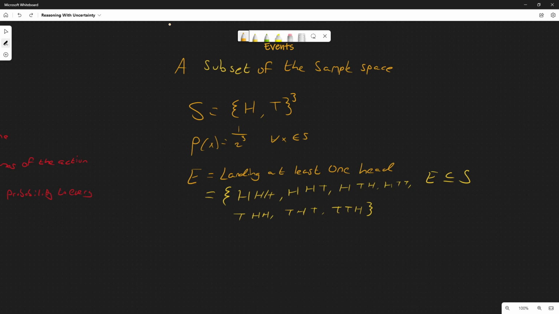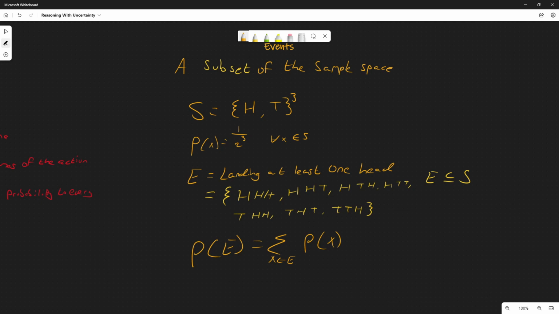And the probability of the event E is simply going to be the sum through all x's which are elements of E of those probabilities. The probability of E occurring is simply the sum of all probabilities within E. I think that's fairly intuitive, because an event will occur if any of its elements occurs.